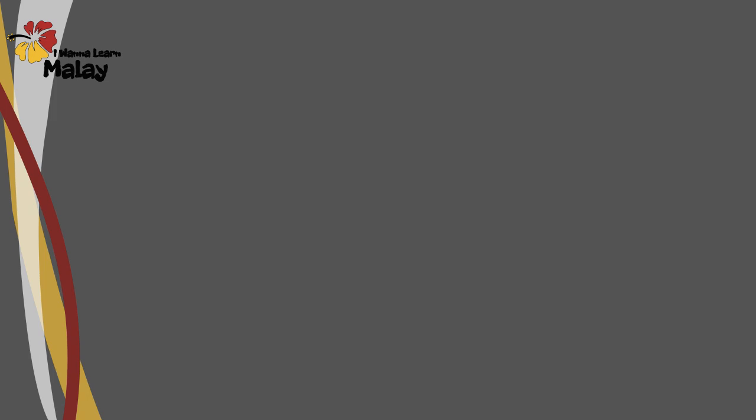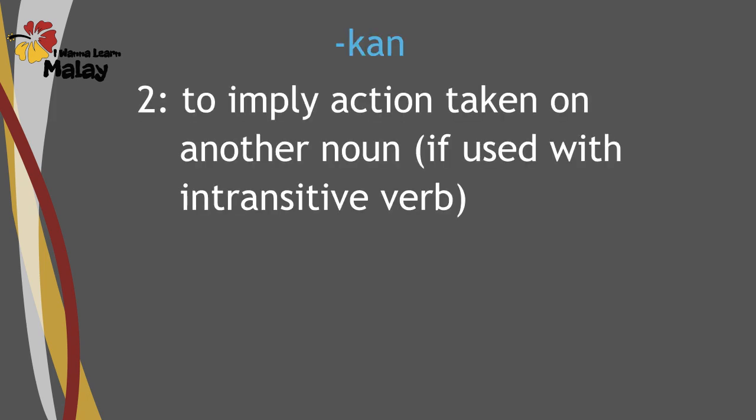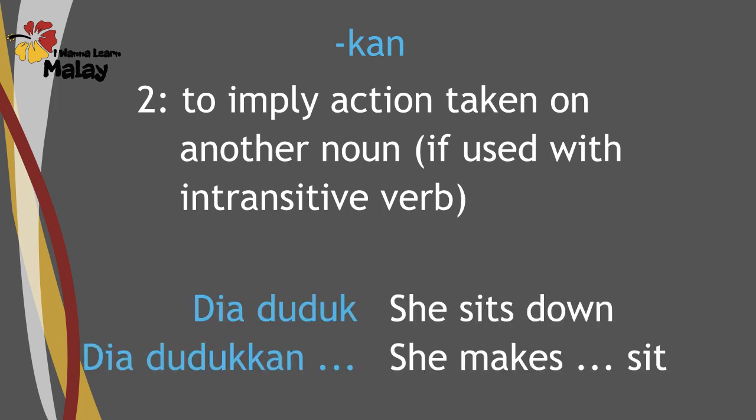The second usage of the suffix kan is to imply an action that is being done onto something else, onto another person or another thing or a different noun. This is especially used for intransitive verbs, verbs like sit or sleep or stand.